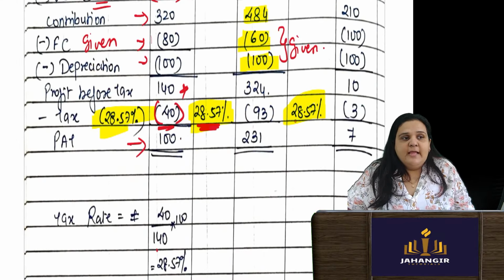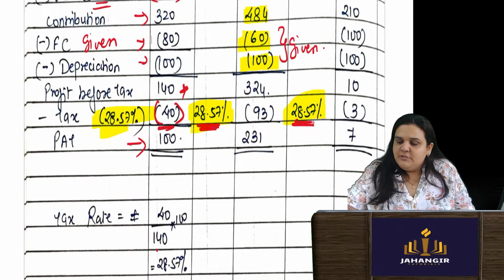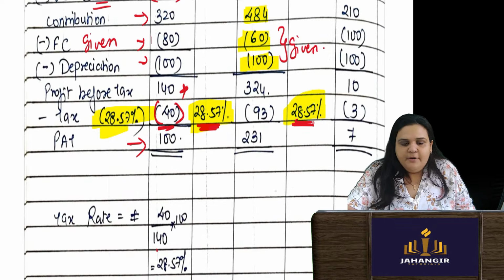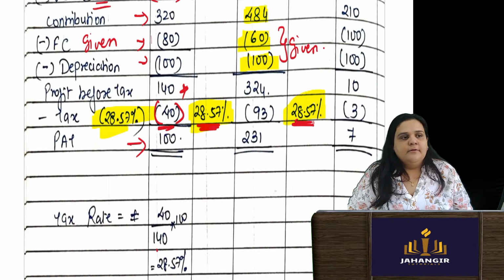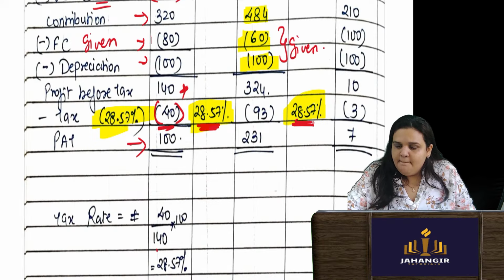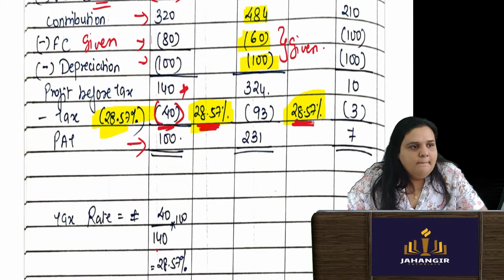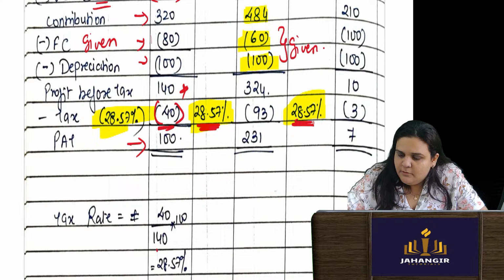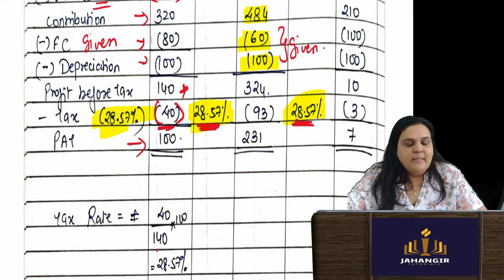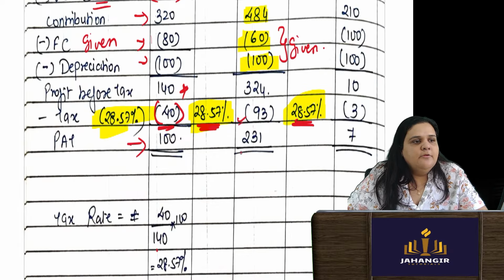Tax rate we calculated, 28.57%. So now on 324, just take 28.57%, approximately 92 point something you will get. So 231 is my profit after tax.